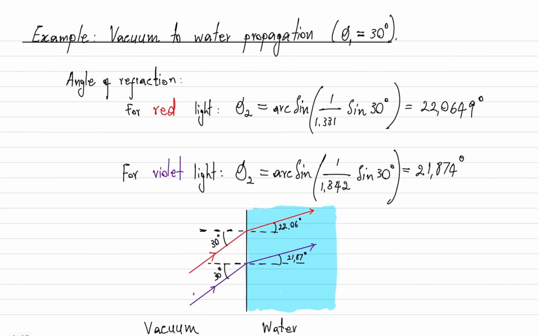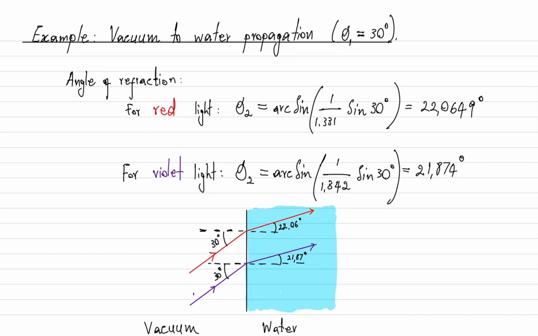Let's look at an example. So let's consider light traveling. We're going to consider two wavelengths of light traveling from a vacuum to water. And we're going to assume that they have the same angle of incidence. So that means they're coming in parallel to one another.